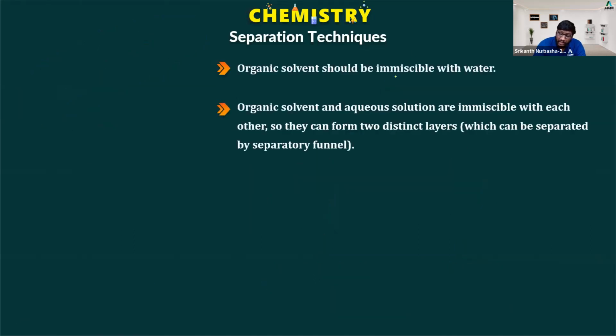The organic compound should be immiscible with water. That is the first point. If the organic compound is soluble in water, then why would new interactions be developed? Whatever solvent you are taking, you can add it from the top. Yes or no?